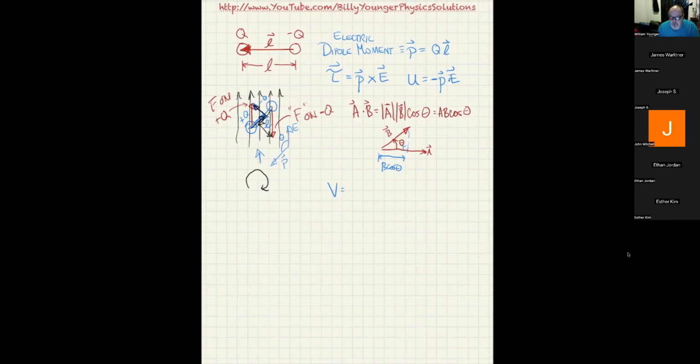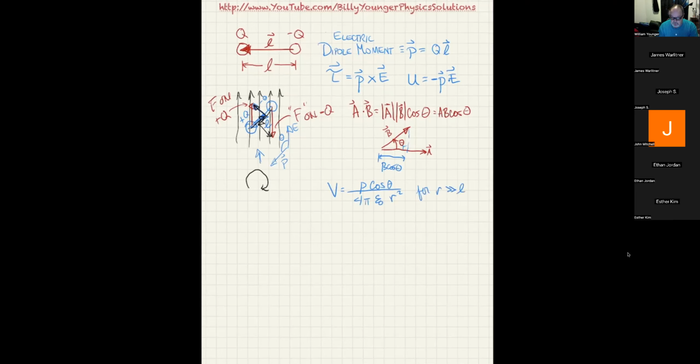But ultimately what you end up getting is P times the cosine of theta, all of that divided by 4 pi epsilon naught r squared, is the electric potential for R being much, much greater than L. Okay, remember L's the length of the dipole.